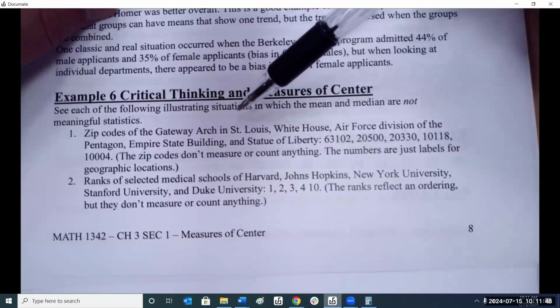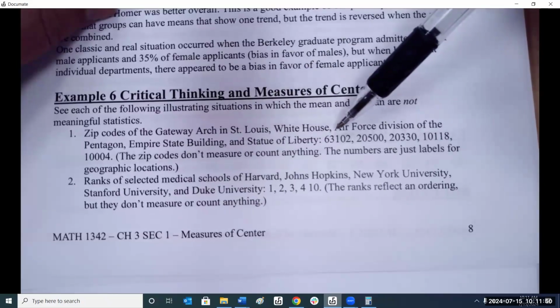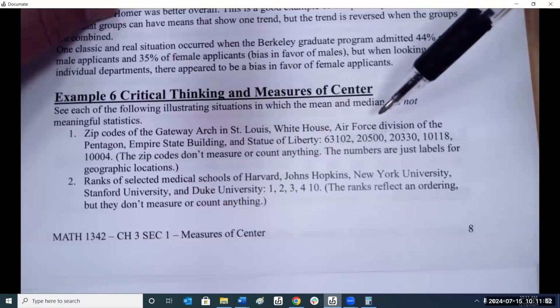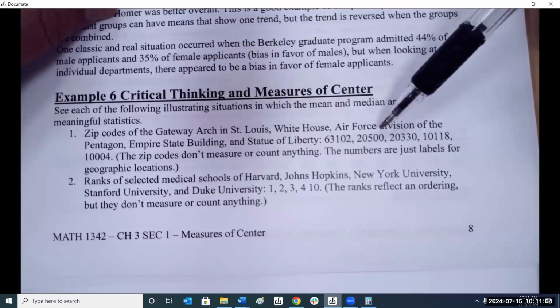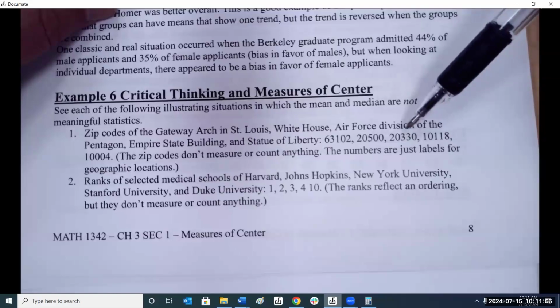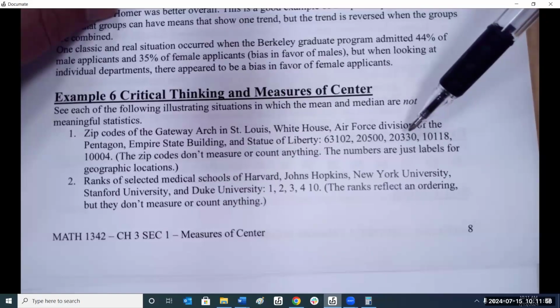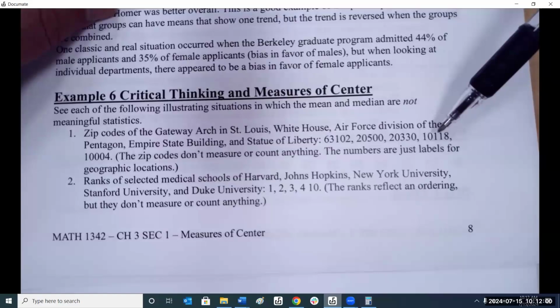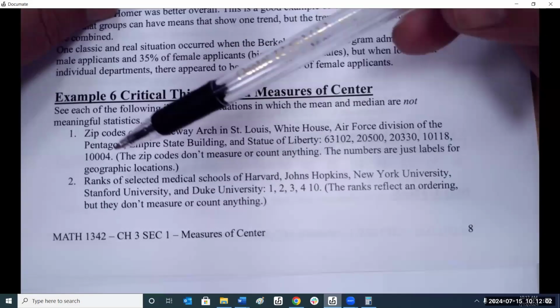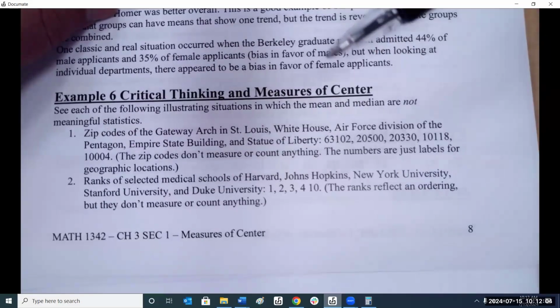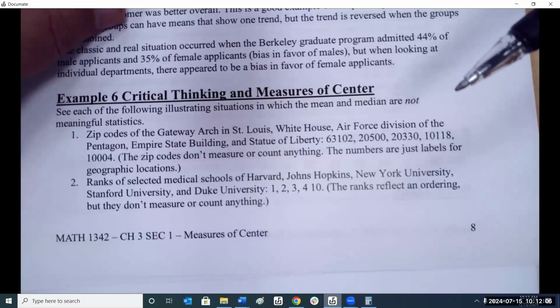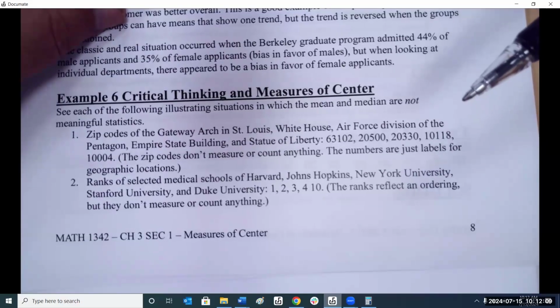So the St. Louis Gateway Arch is 63102. The White House is 20500. The Pentagon is 20330. Empire State Building is 10118. And the Statue of Liberty is 10004. You can't do anything with those.